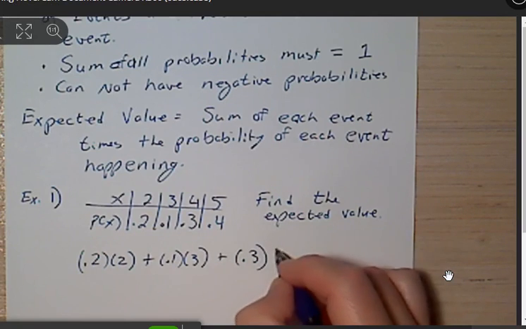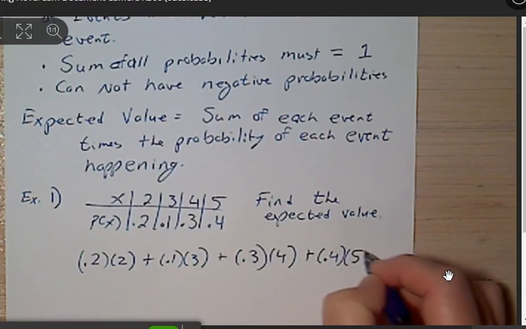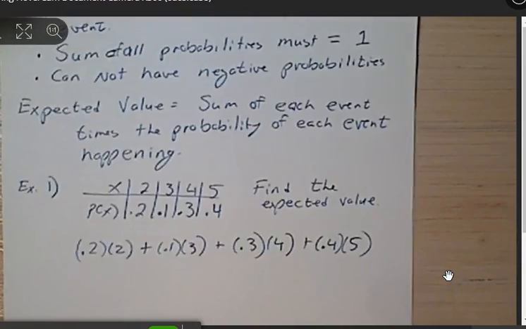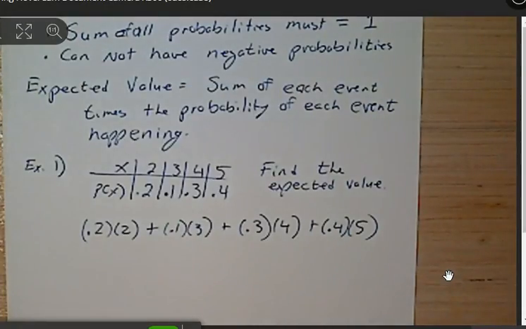Do your 0.3 times 4, and then your 0.4 times 5. Then run all that through and punch it in the calculator to see what number you get.